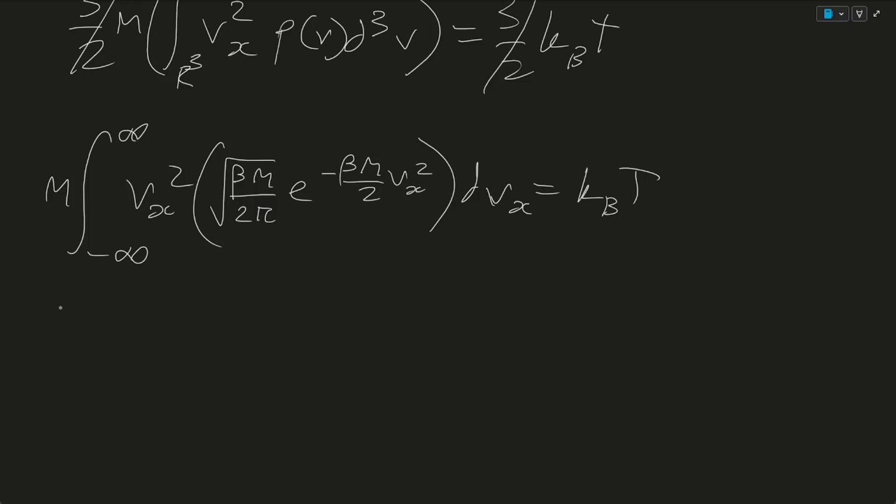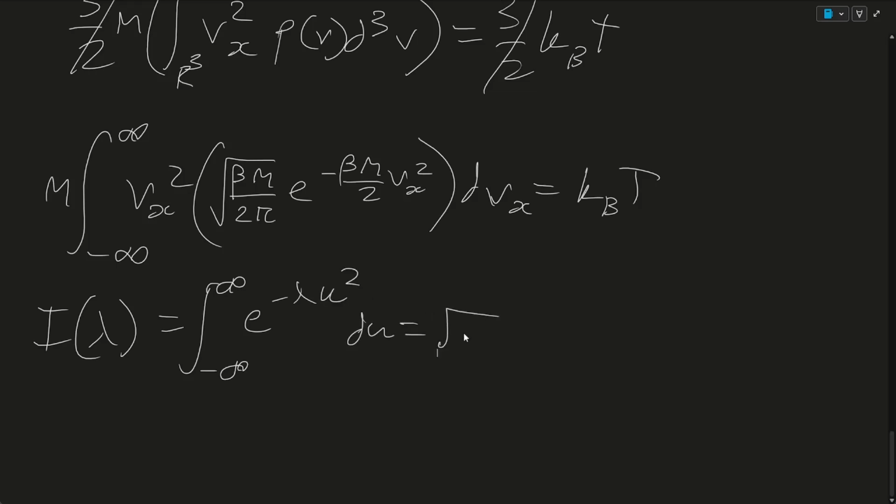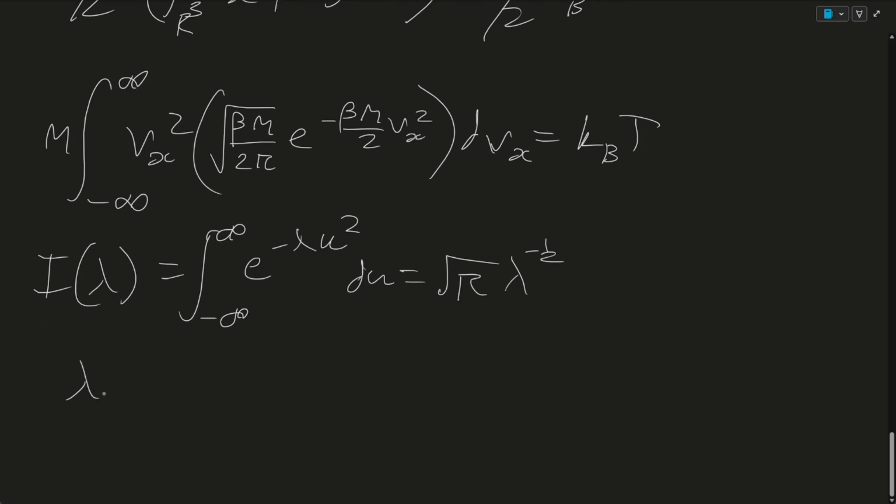So we'll say I of lambda is equal to the integral from minus infinity to infinity of e to the minus lambda u squared du, which is of course just root pi lambda to the minus half, because that's the same as writing root pi over lambda. And we're also going to say that lambda is beta m over 2.